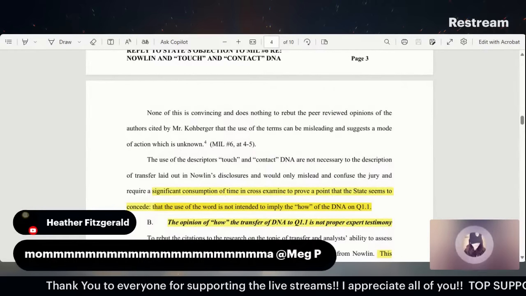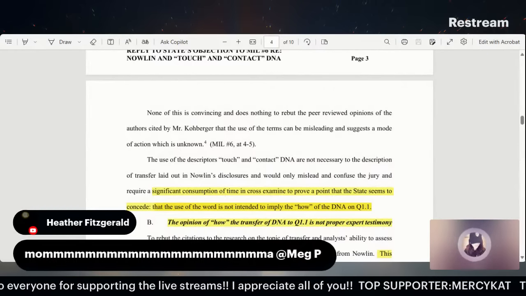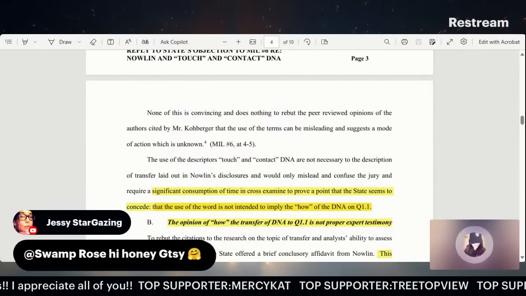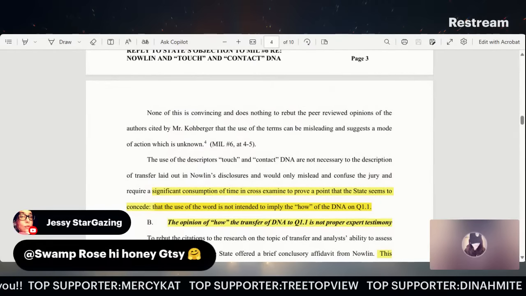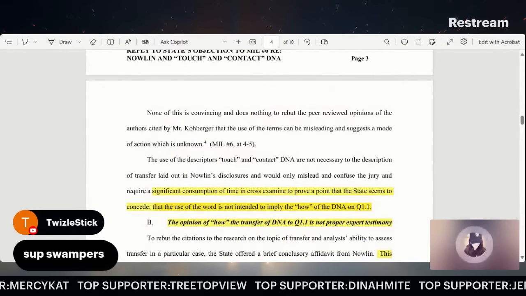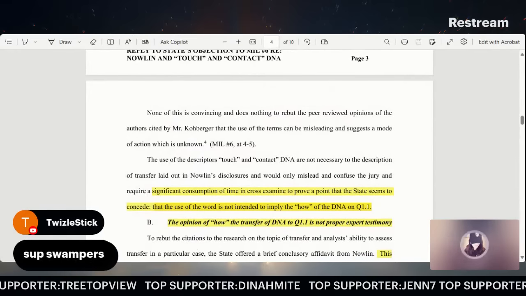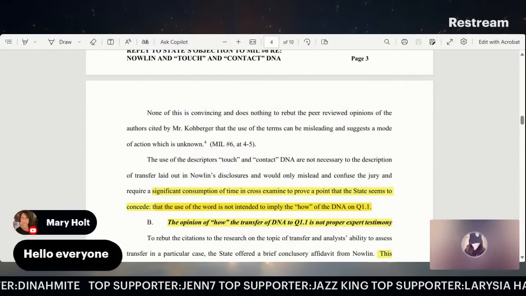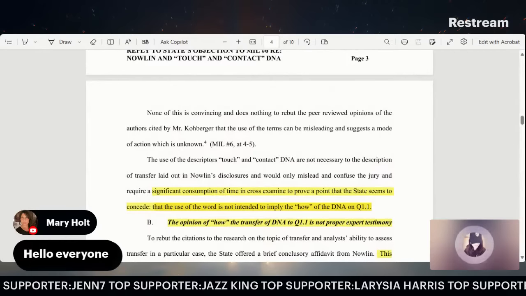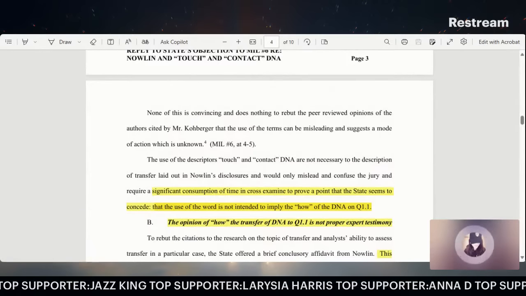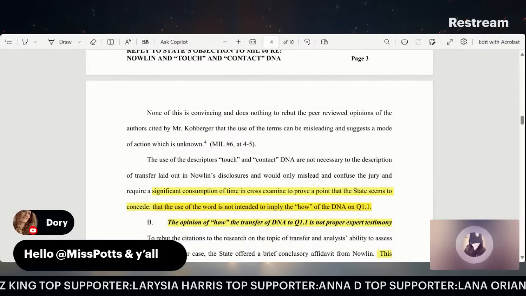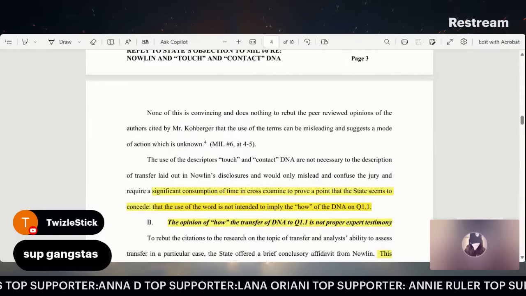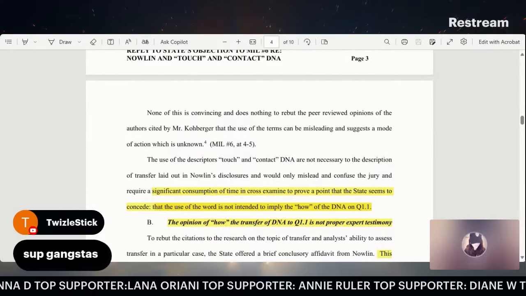Twiz is in here somewhere, but my chat's flying. Elizabeth Munster, hi. I'm just trying to get through comments. Jesse, hi. There you are. Twiz, what up? Where's Willie? Mary Holt, hello, welcome on in. Let me get through my chat here. Hi, guys. Appreciate every single one of you. Dory, hi. If I missed you, I'm sorry.